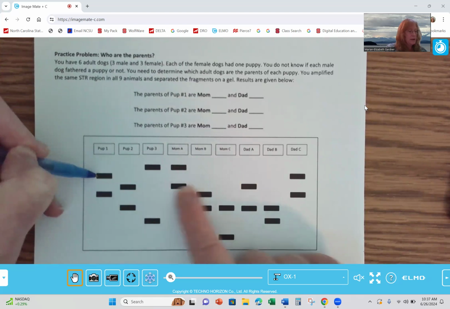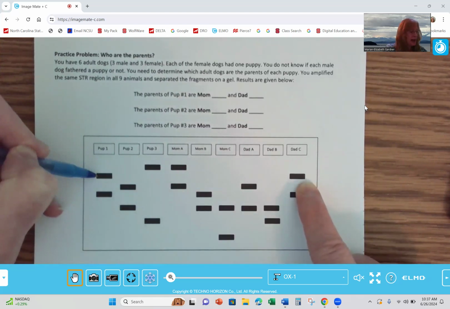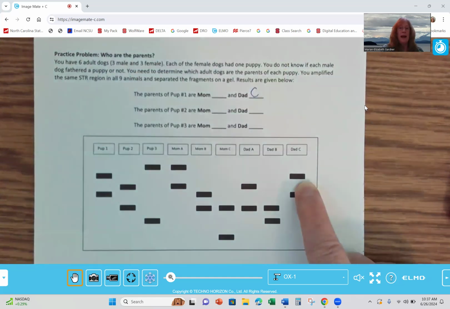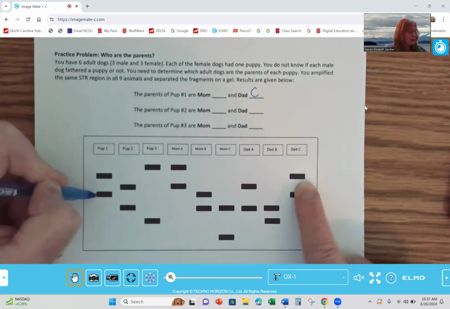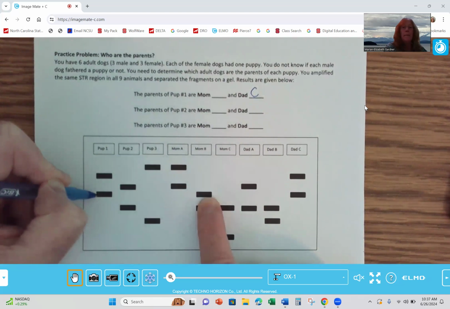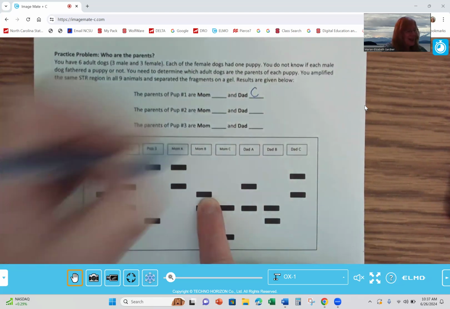So this band must have come from the dad, and the only dad that had it was dad C. So I know that puppy had dad C. That means this band must have come from the mom. And let's see, well, that's easy. Mom B is the only mom that had that band.